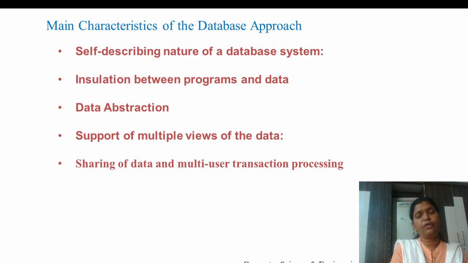So as you have understood those important terminologies and also tried understanding some of the important examples, now you can easily understand some important characteristics of the database approach. So as we have listed here, each one we are supposed to discuss in detail. The first one goes as self-describing nature of database system.